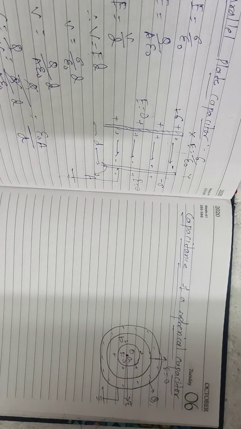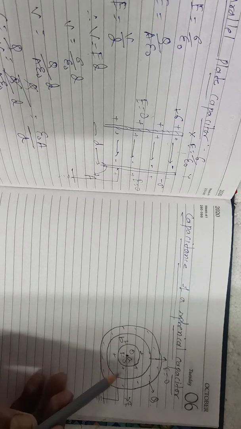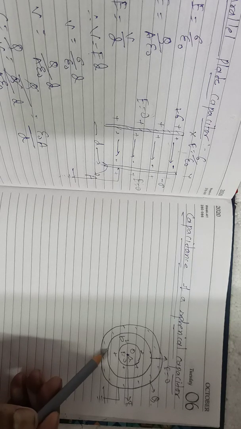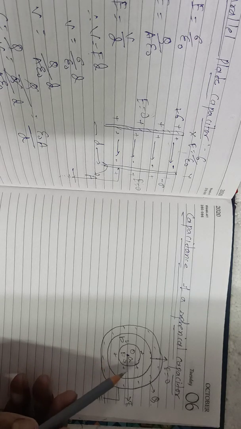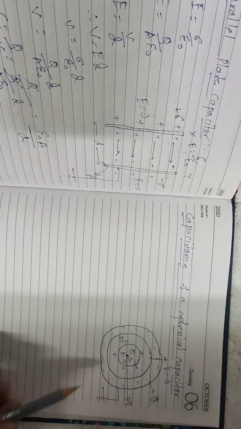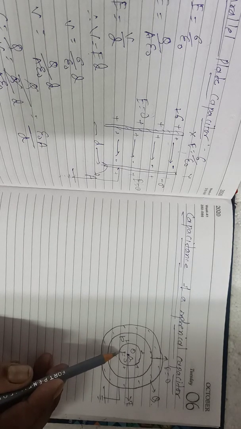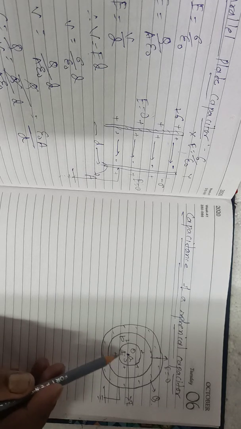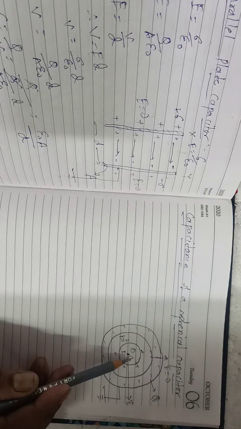A spherical capacitor consists of two concentric spherical shells having inner radius a and outer radius b, with charges plus q and minus q respectively. You can see plus q here, minus q here. As the electric field inside a hollow conductor is 0, for r less than a, in this area the electric field will be 0.